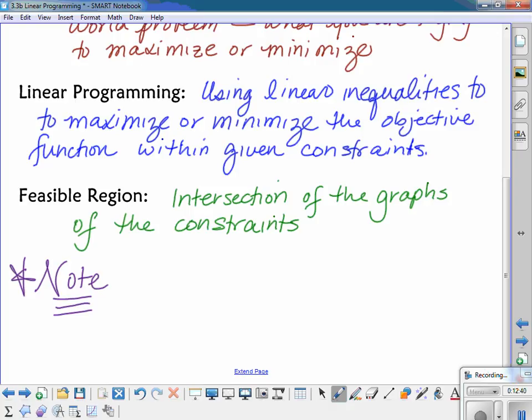But what's the special points? The vertices, right? So what's important is that our maximum and our minimum values occur at the vertices of the feasible region.